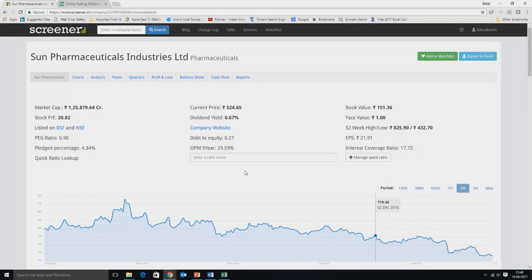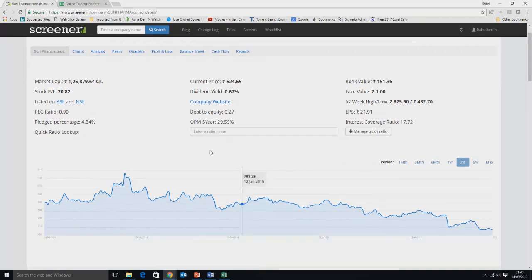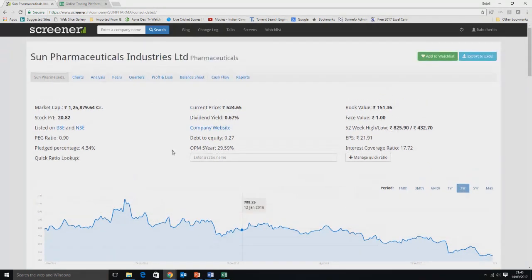So I'm interested in this Sun Pharma on a swing basis, on a swing long or on a swing short. Whenever I get Sun Pharma on intraday or on the swing basis at the lower levels, I'll try to go long. But I'm not interested in having this in my portfolio.